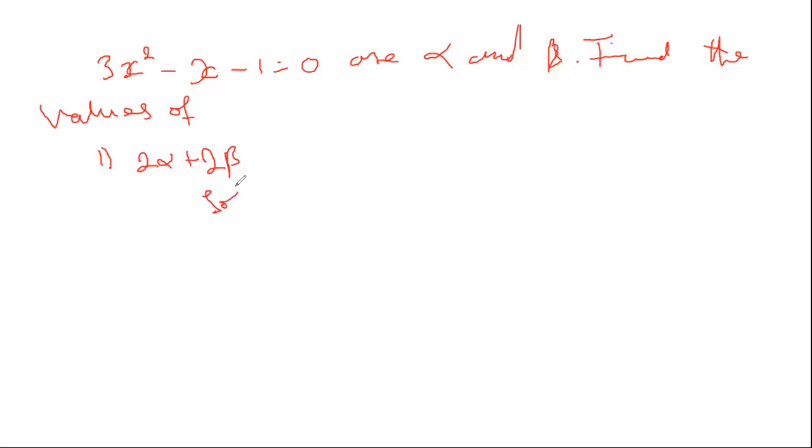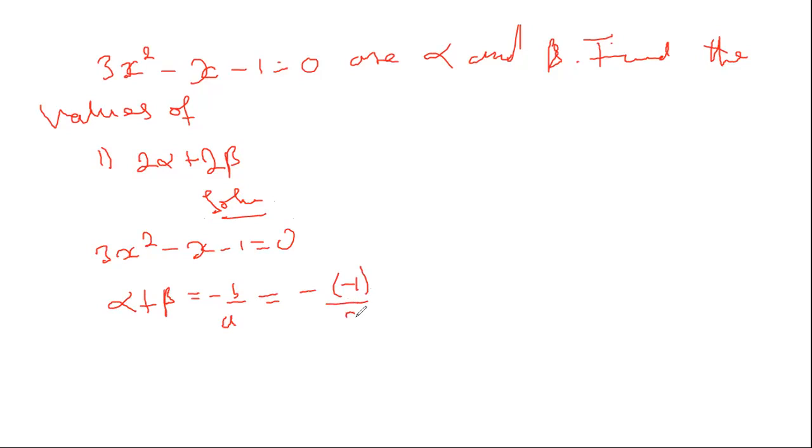So first of all, we need to begin by looking at the sum of roots. From the equation 3x squared minus x minus 1 equals 0, the sum of roots alpha plus beta is the same as negative b over a, which is negative of negative 1 divided by 3.